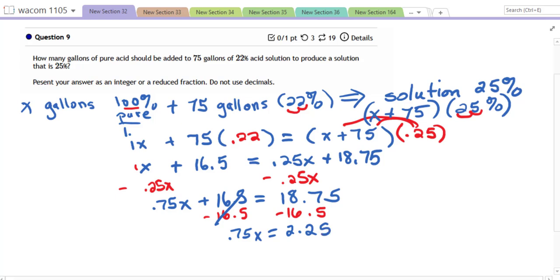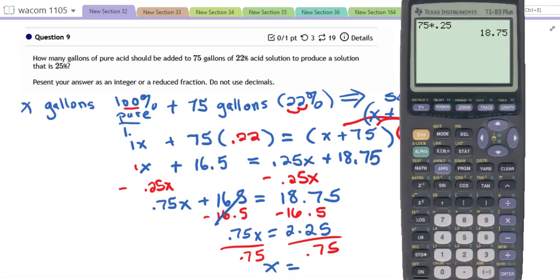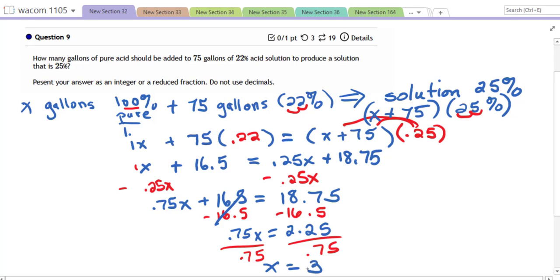And we're going to divide by 0.75. So x equals 2.25 divided by 0.75. Enter. x equals 3.